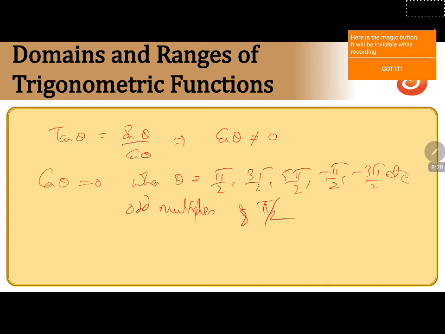So cos theta is 0 when it is this. Therefore, the domain is R minus (2n+1) pi by 2, n belongs to Z.